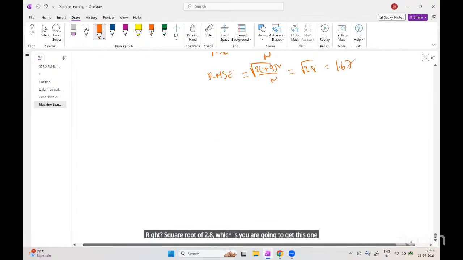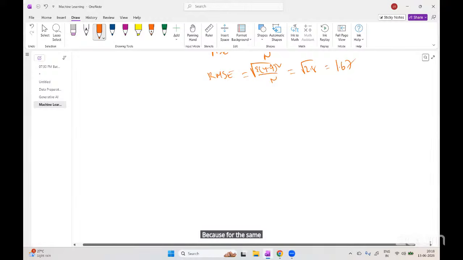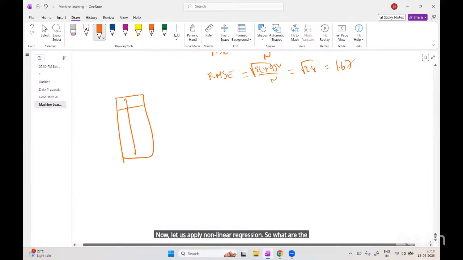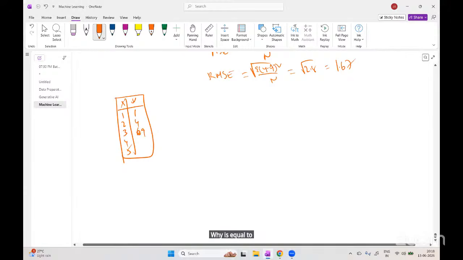Now, why have we discussed this example? Because for the same data, let us apply non-linear regression. The data is x equal to 1, 2, 3, 4, 5, y equal to 1, 4, 9, 16, 25.